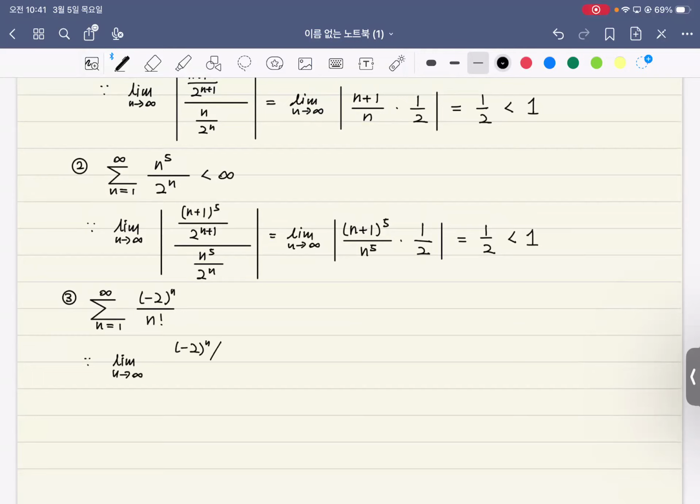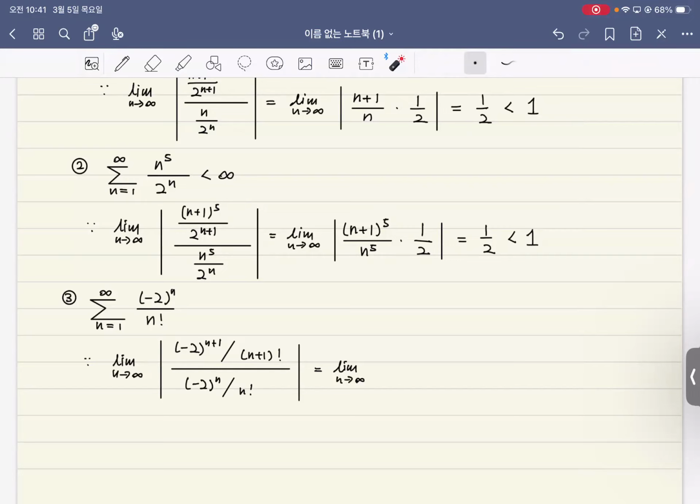Since we have absolute values, we can safely get rid of the plus or minus alternating factors. So they're just going to be 2 times n factorial over (n plus 1) factorial, right? But you can simplify this. This is simply 1 over n plus 1. And this is tending to 0. Right? And 0 is clearly less than 1. So therefore, this is convergent. Okay.